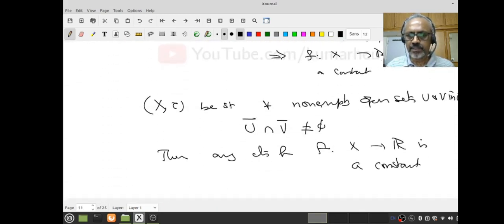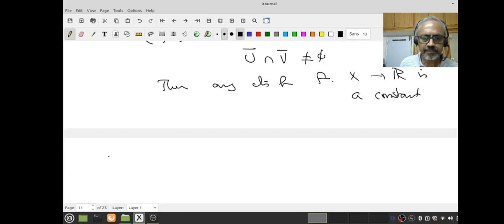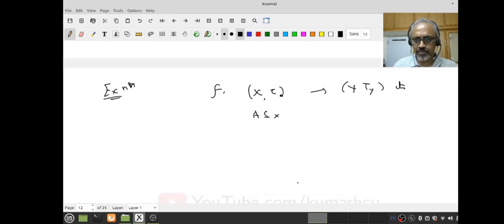Before that, do this easy exercise. Suppose this is the (n+1)th exercise, this is the nth exercise. Let f from (X, tau_X) to (Y, tau_Y) be continuous, and A a subset of X. This is exactly what you proved earlier, though you may or may not realize it.